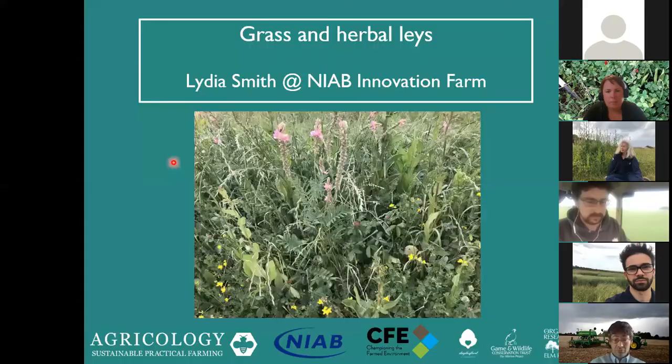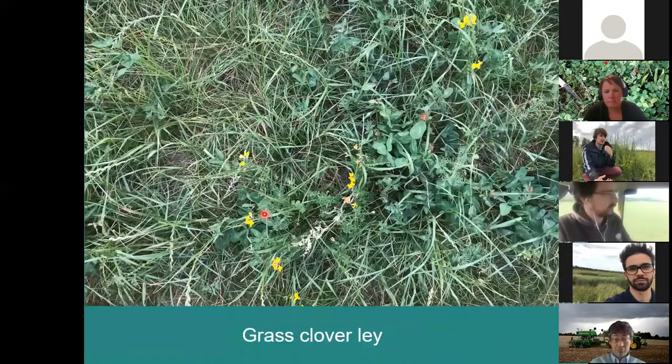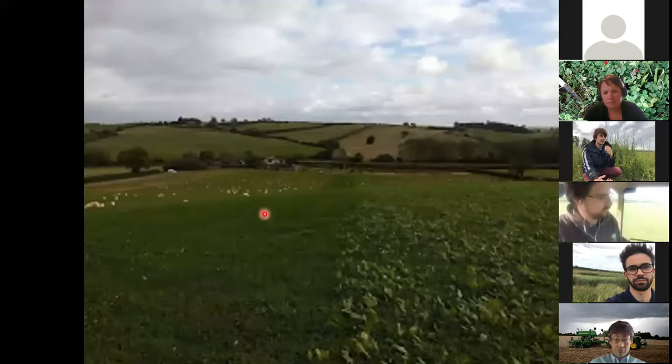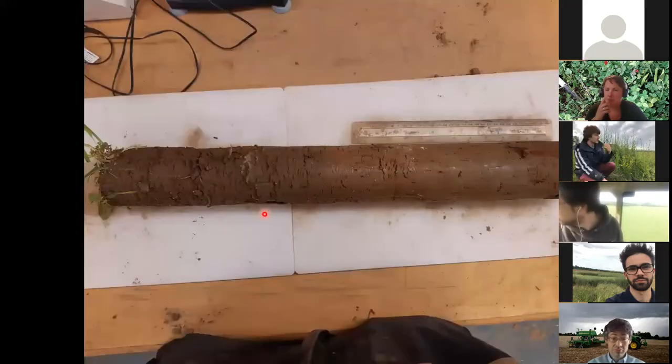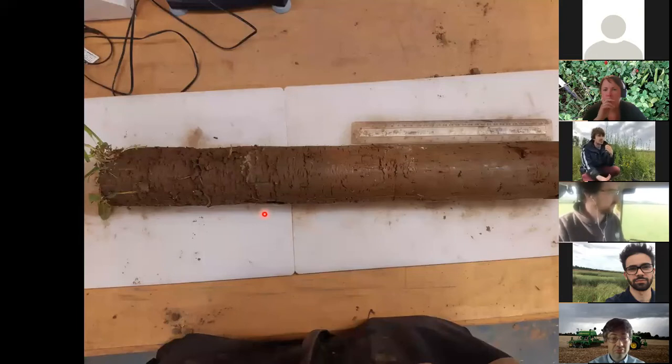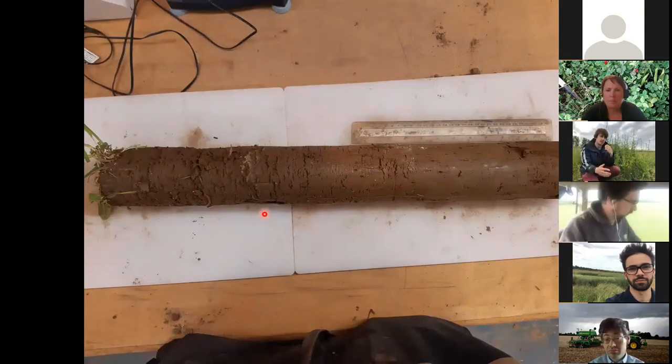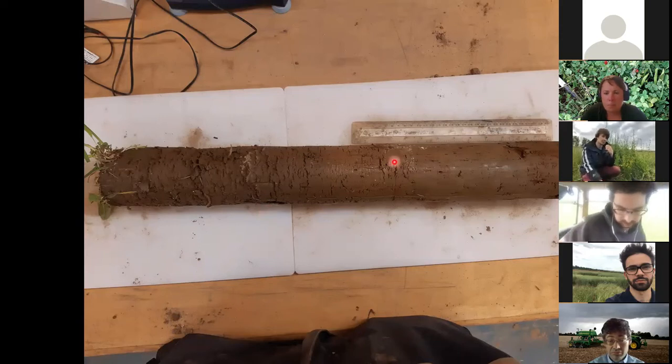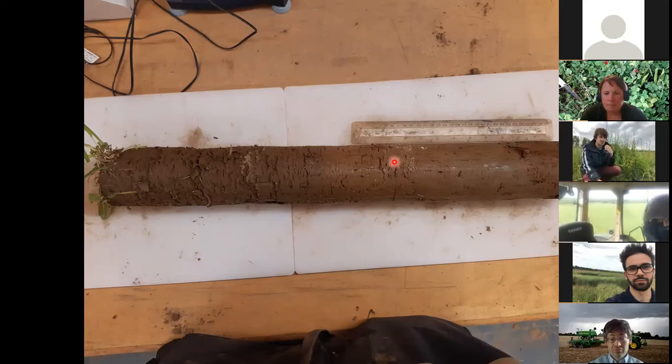The question we're trying to answer is whether increasing the diversity, including very deep rooting plants like chicory, causes changes in soil structure that are favourable for crop production, the sweet spot between holding enough water but not too much water. The results are coming in, so hope you'll all stay tuned and see what we get at the end.